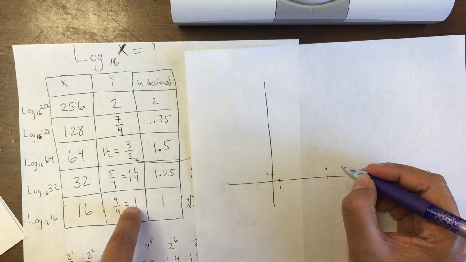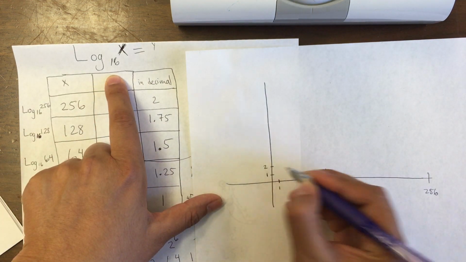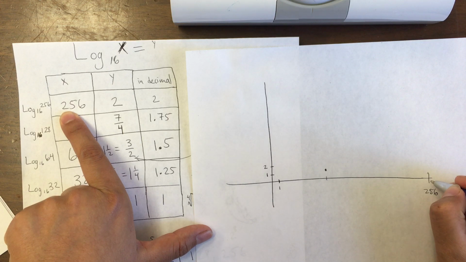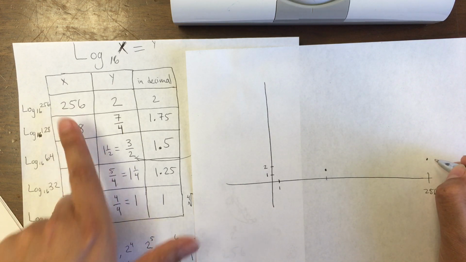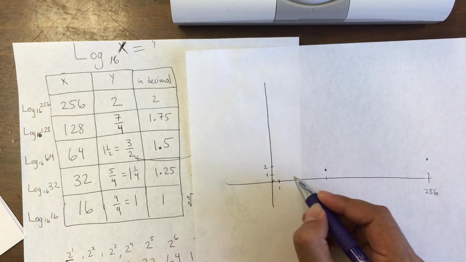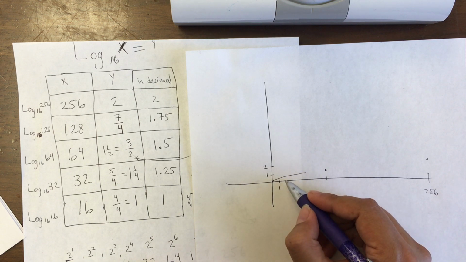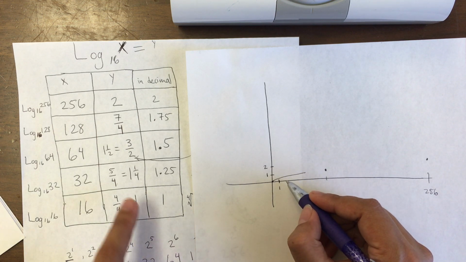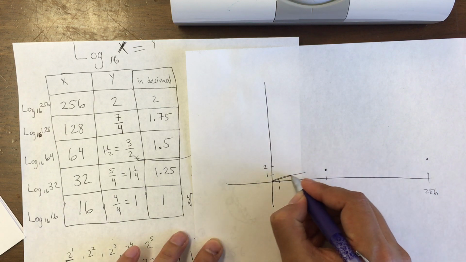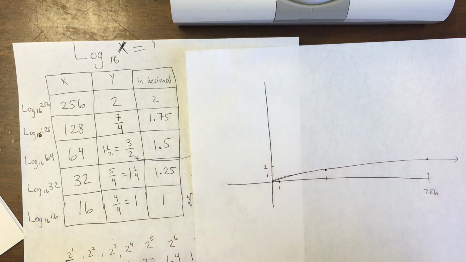If my value of y is 2, my value for x is 256. So something like this. And if it's 0, 0, it's going to be 0. So my graph is going to be something like this.